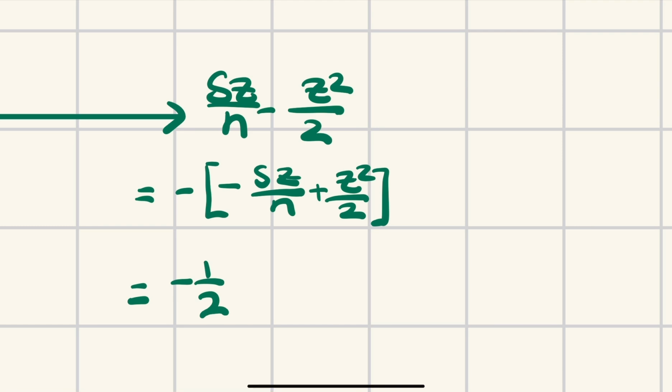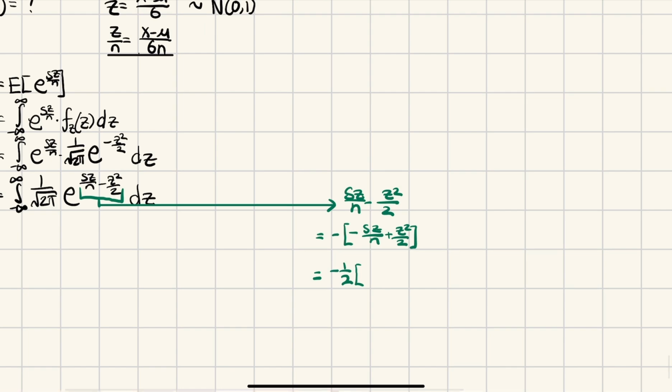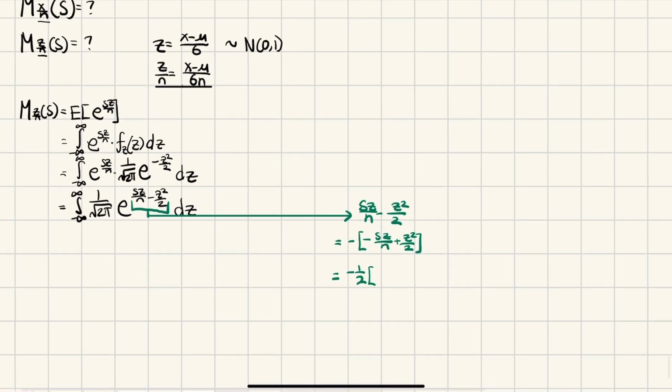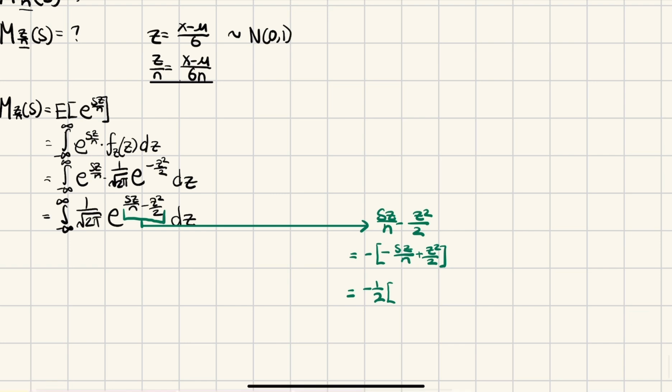If you don't know what I'm doing here, I'm basically trying to mimic the PDF. So what we're trying to mimic is something that looks like this: a PDF of a, not a standard, of a normal distribution.